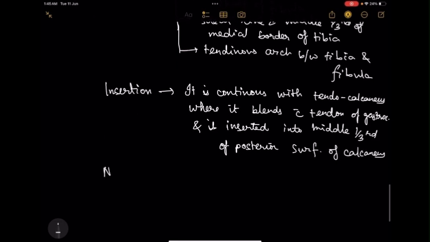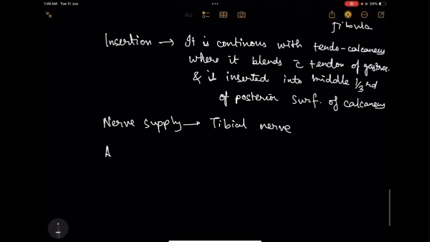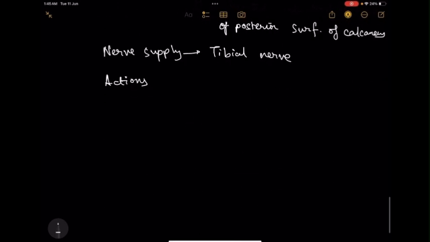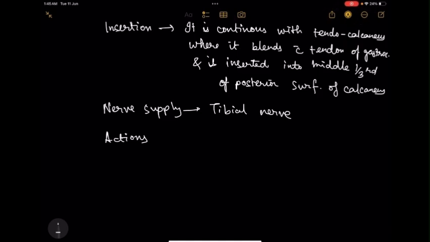Yes. Finally, nerve supply: tibial nerve. Come to the actions of the muscle. Actions of what? See, soleus in itself has two actions. Soleus in itself actually has the peripheral heart action, but I'm not going to write about it now. So I'm going to write about the actions of the triceps surae.